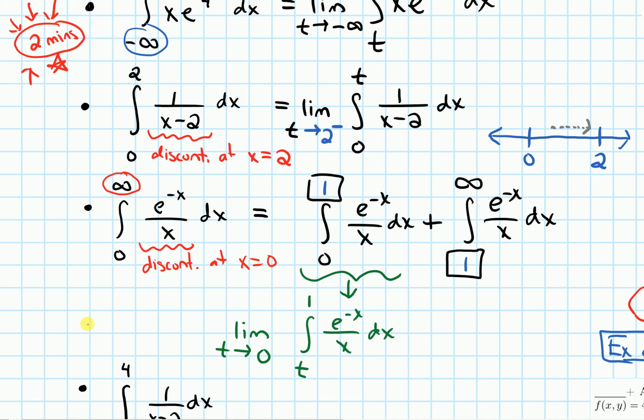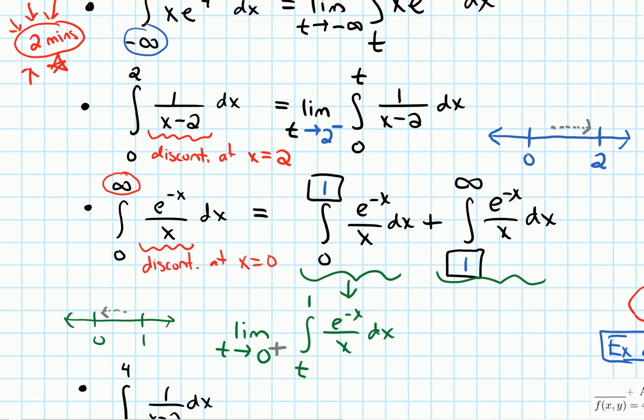If I think about my number line, this time it's from 0 to 1, and I have to stay within the interval, so I'm approaching 0 from the right-hand side. So I put a little plus sign there.